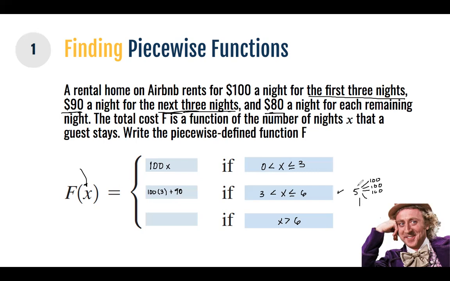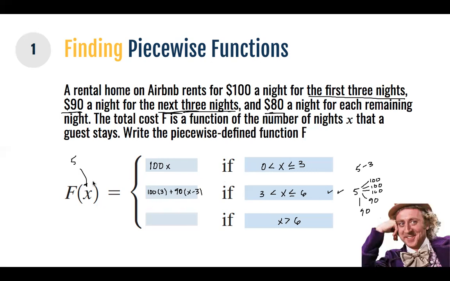So it's going to be those 5 nights, and we subtract the 3 nights that we have already paid under the other price. And we just have 2 nights to pay at $90 a night. So we always have to subtract the 3 nights that we have already paid. So this is going to be X minus 3, meaning that if you're staying 5 nights, this condition is going to be met, and you have to substitute those 5 nights in the second part of our function.